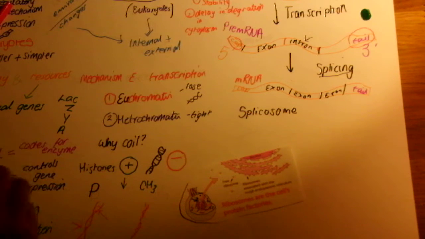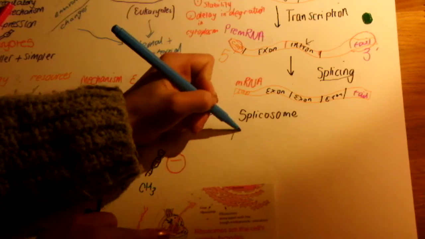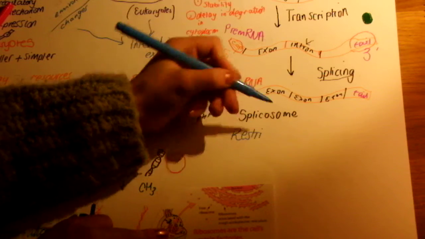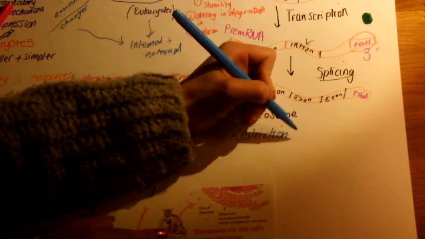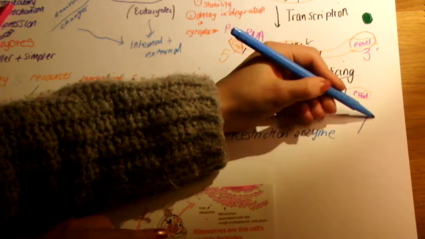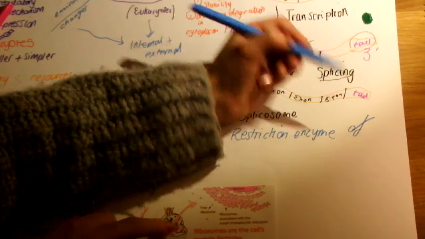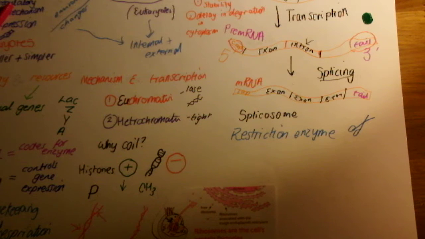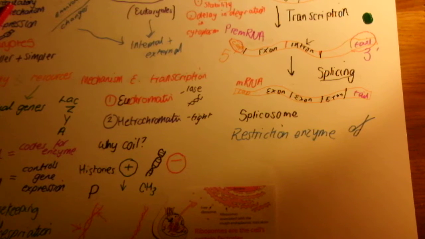So, restriction enzyme, and we'll draw some scissors because the restriction enzyme acts as the cuts, and it cuts the introns out. But the restriction enzyme actually leaves something called a sticky end, and the sticky end allows the exons to then form and bind together and stick together with the positive hydrogens that are left.